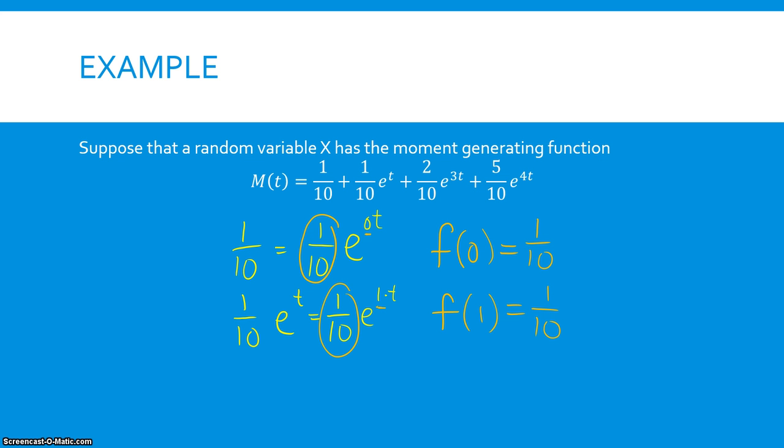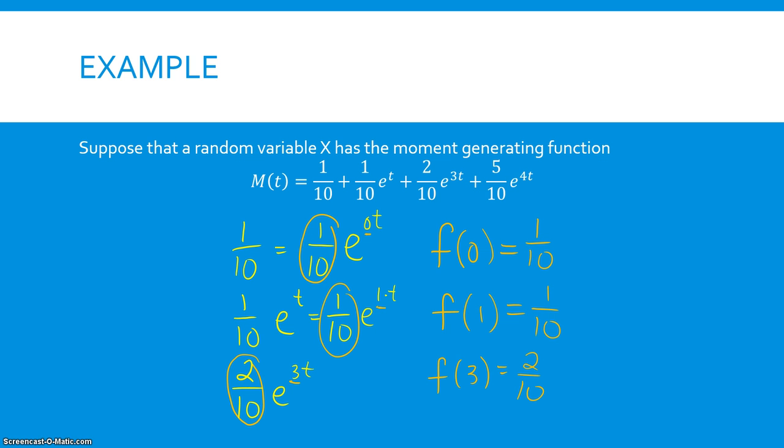If we move to our next term in the moment generating function, we have 2/10 times e to the 3t. E is being multiplied by 3, so that's a possible value of x, and the probability that it takes on that value, 3, is equal to 2/10. So f of 3 is 2/10.